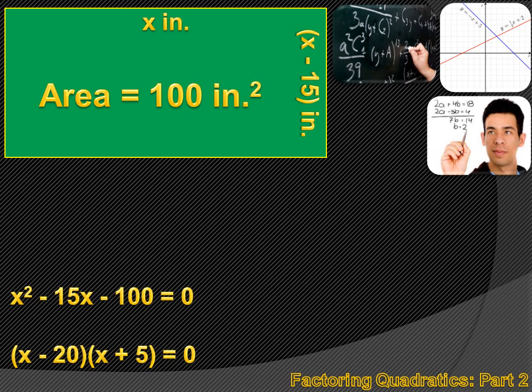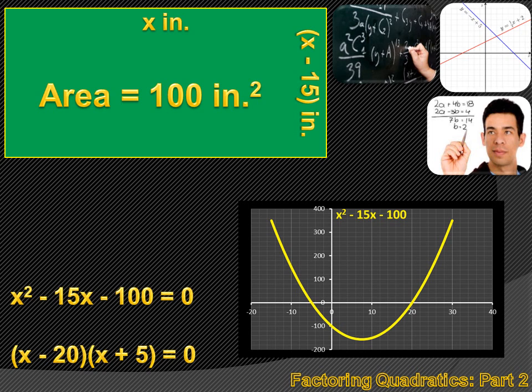And if we were to graph that quadratic, x squared minus 15x minus 100, it would look just like that. Now here's the interesting thing. That yellow curve that represents x squared minus 15x minus 100 crosses the x-axis at minus 5, 0 and at 20, 0.